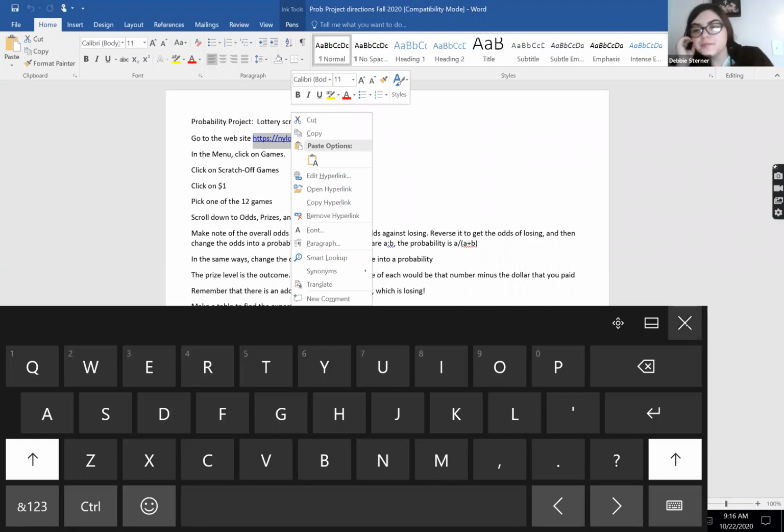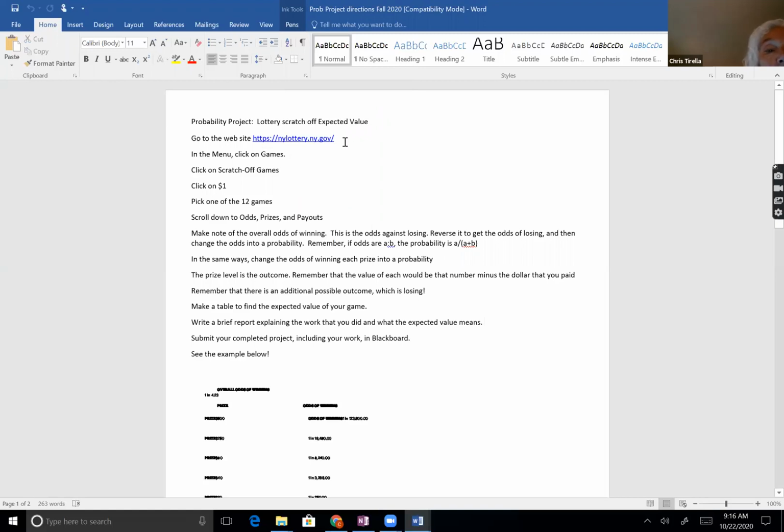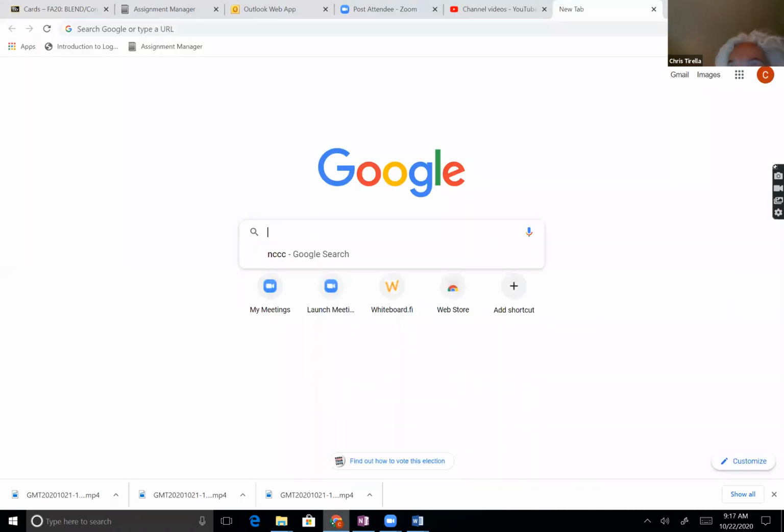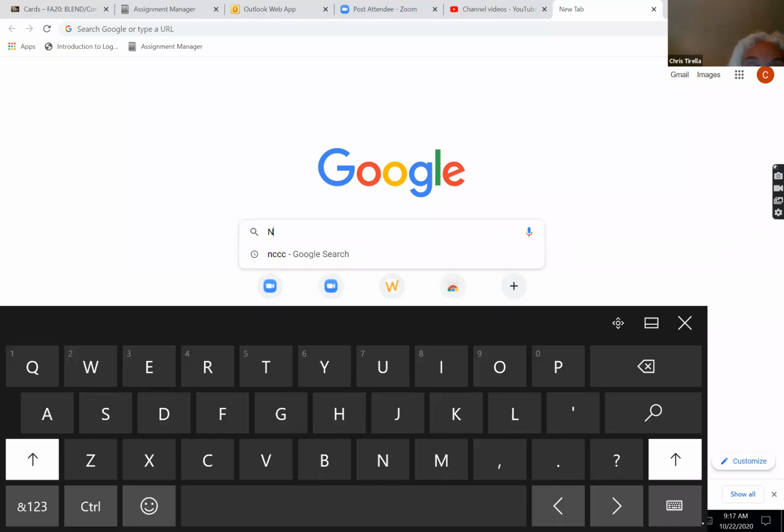So I'm going to go to the lottery website, and honestly, I'm going to cheat a little bit here, guys. I think the easiest way to get there is to just Google NYS Lotto.